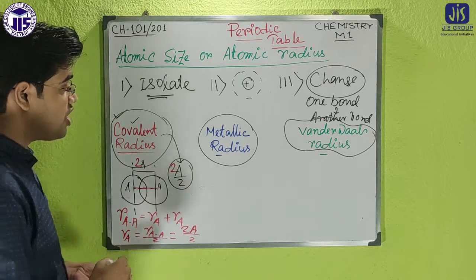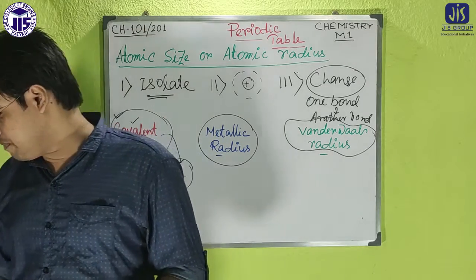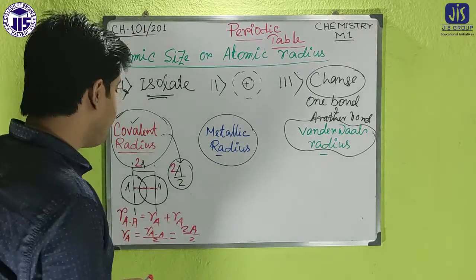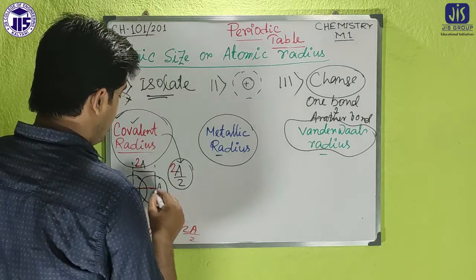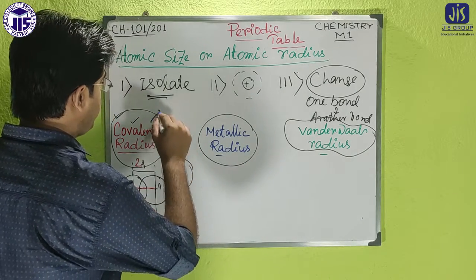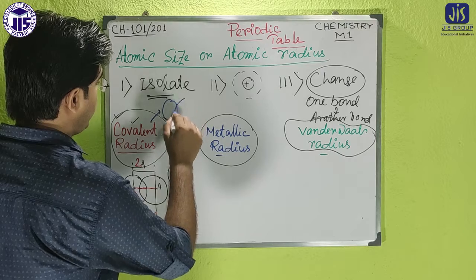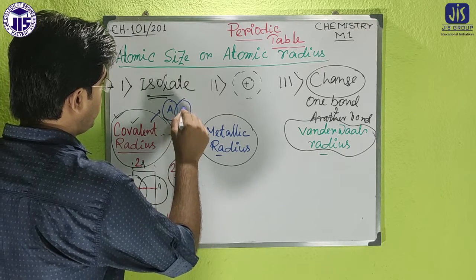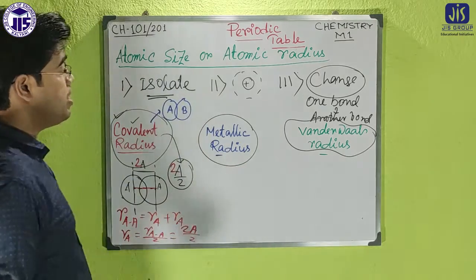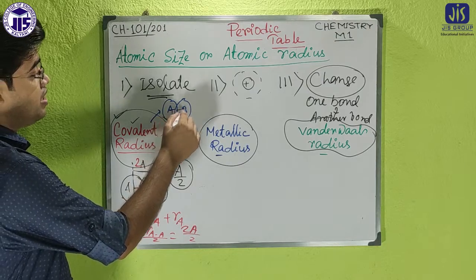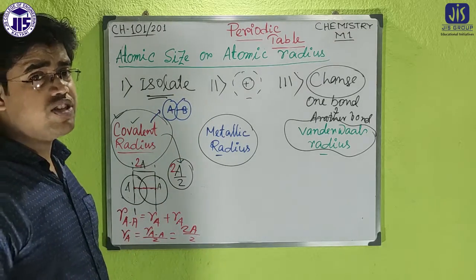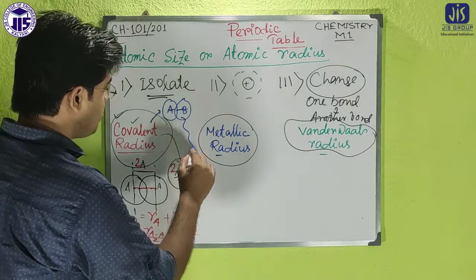If the two atoms are not A and A, that means if one is A and another is B, then the distance for the first and the distance for the second may not be the same.